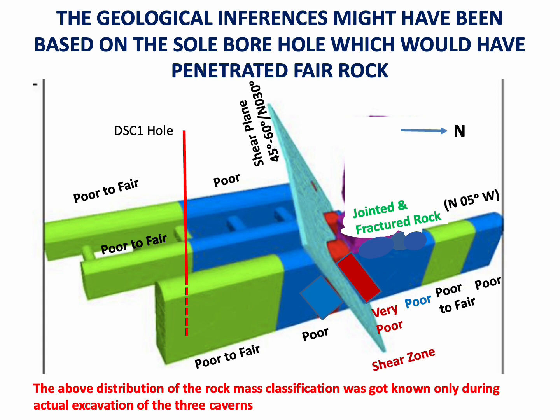The geological inferences might have been based on the sole borehole which would have penetrated fair rock. So the only borehole that was available had intersected fair rock, and therefore the geological inference drawn in 2010 by the geology consultant was that the rock encountered in all three caverns would be fair to good.